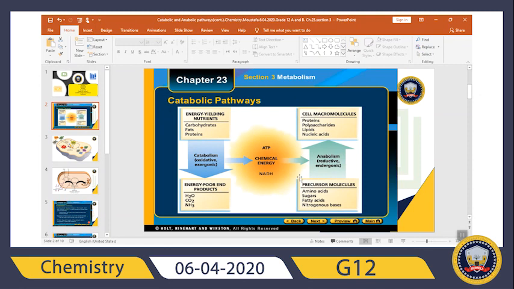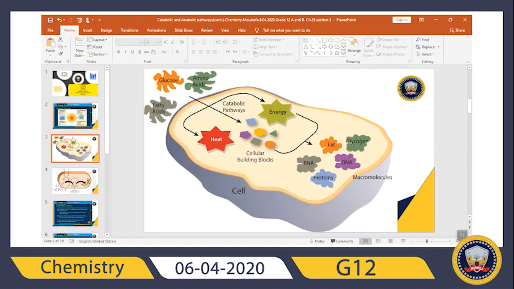Okay, the second slide explains what happens during cellular respiration and digestion of food. These particles are the small units of our nutrients. Glucose is the smallest unit of carbohydrates.